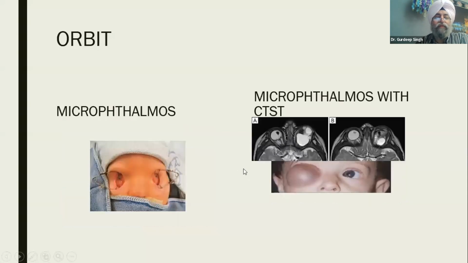This other one leads to a painful blind eye and needs to be referred as soon as possible. It is microphthalmos with cyst, because this can lead to a painful blind eye, although the visual potential is nil. Just to keep the child from developing pain and other problems, this eye needs to be dealt with as soon as possible.